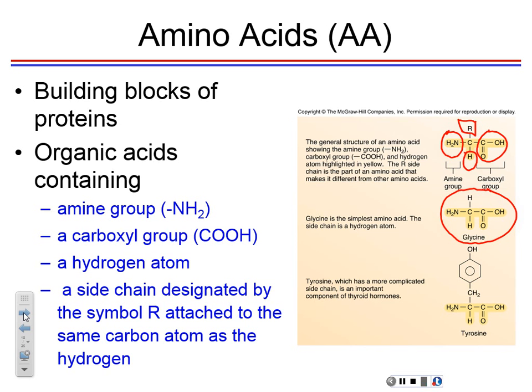It's linked to iodine, one of those trace elements that we talked about at the beginning, and it affects metabolic reactions. They get more complex, and most of the proteins have sulfur as well in their R group, such as cysteine and methionine.